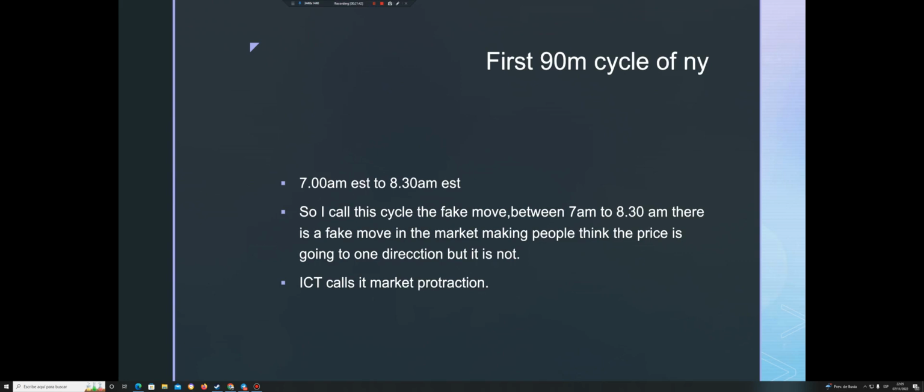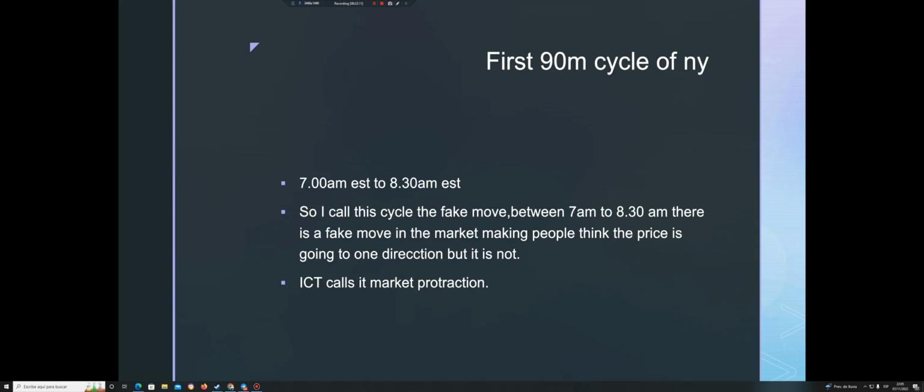So why does a fake move happen at 7 a.m.? Because New York opens at that time. So a lot of people start trading at that time, even ICT traders, because we know the New York kill zone is between 7 to 10.